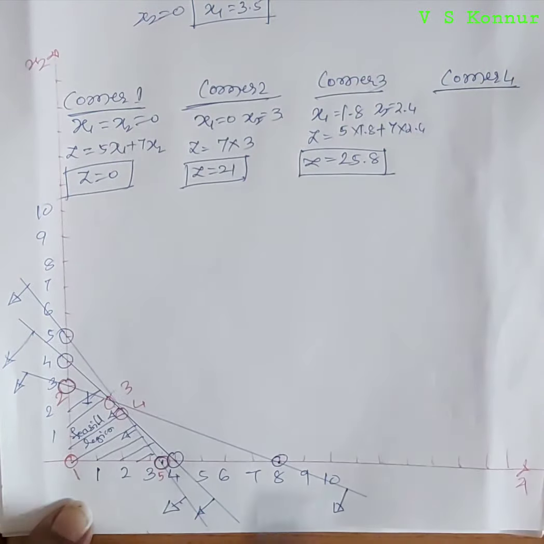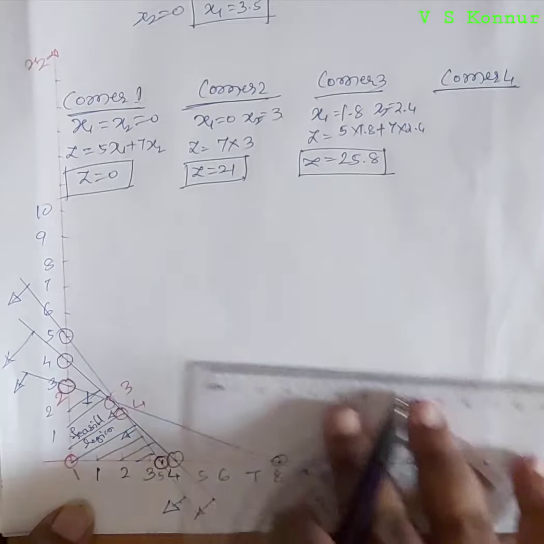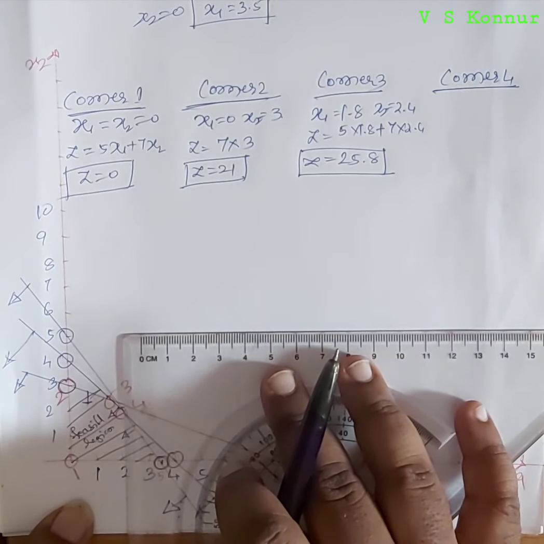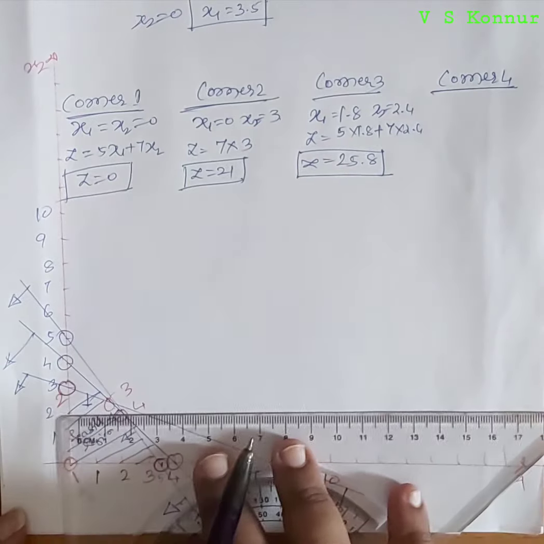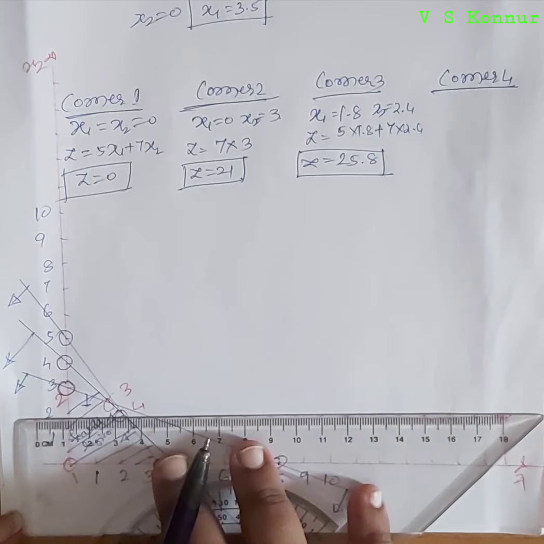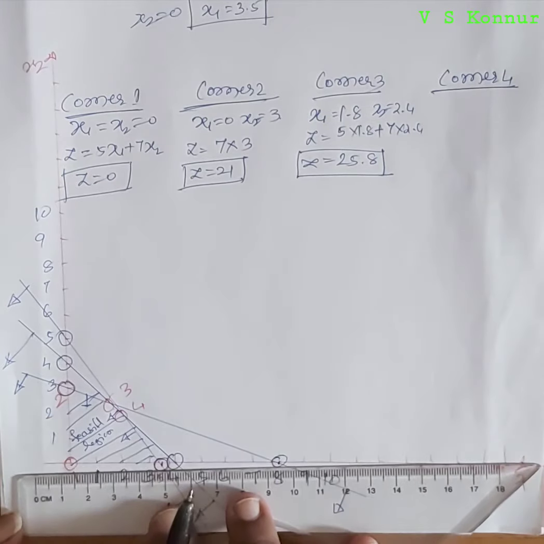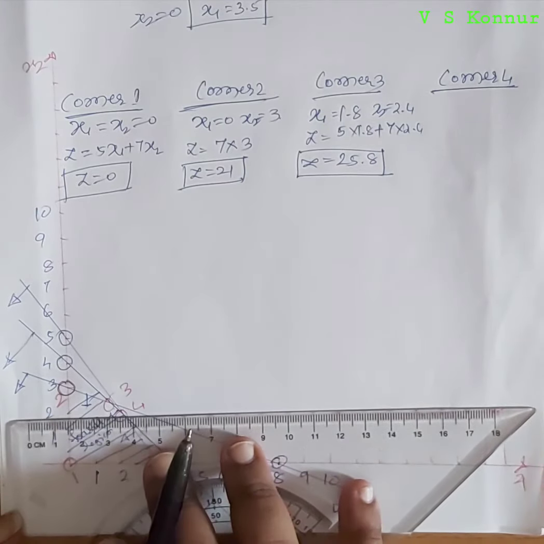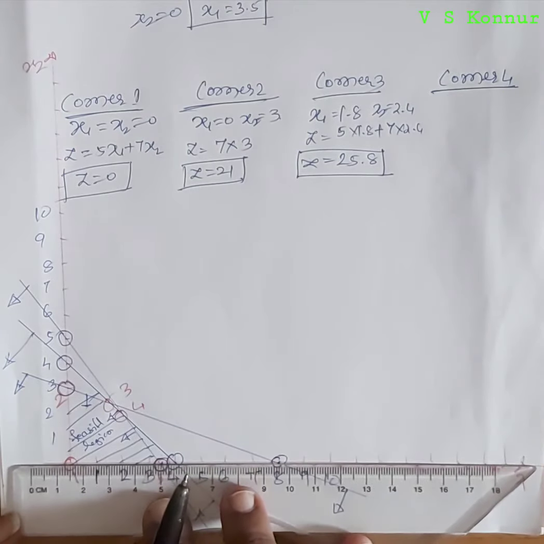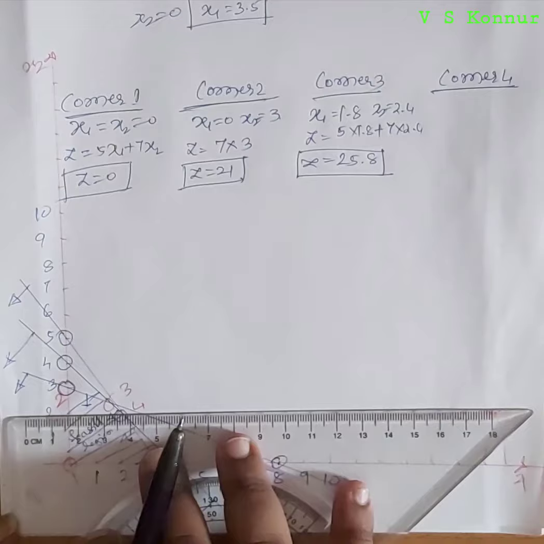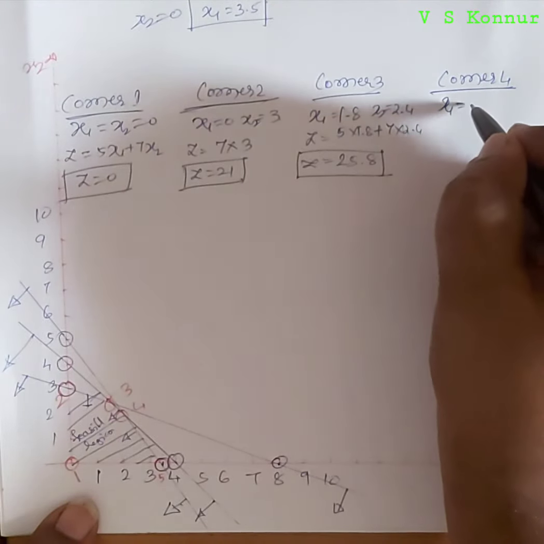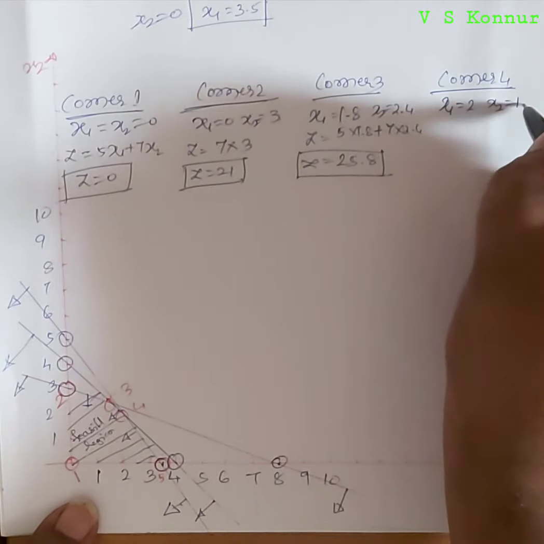Now corner 4, I have to check the values. We'll get x1 equal to 2, x2 equal to 1.9 around.